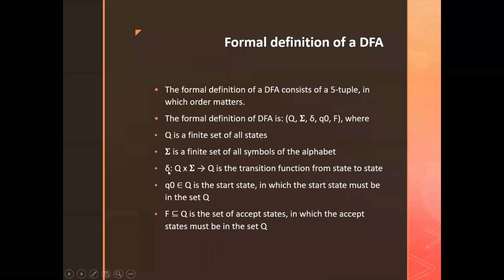The state transition function delta is the same as in finite automata. Q0 indicates your start state, and F is a set of final states. Because F has states coming from Q, it is mentioned that F is a subset of Q.